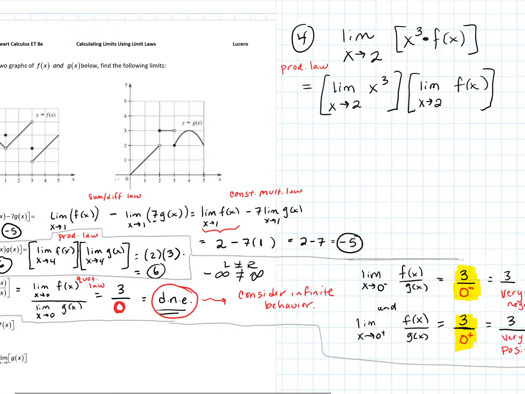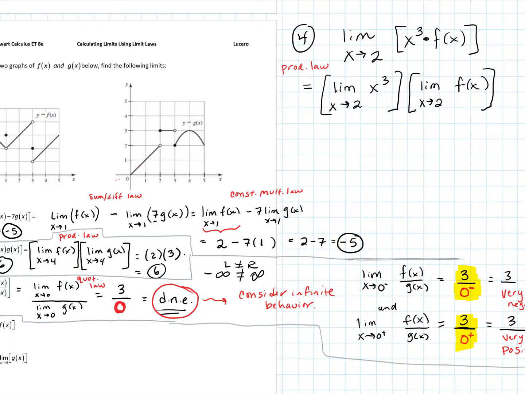Okay. Well, we also have a power law, so now let's write the power law. The power law says that this is the same as the limit of x as x approaches 2, quantity cubed, times, and we'll find this limit in just a second, the limit of f of x as x approaches 2.